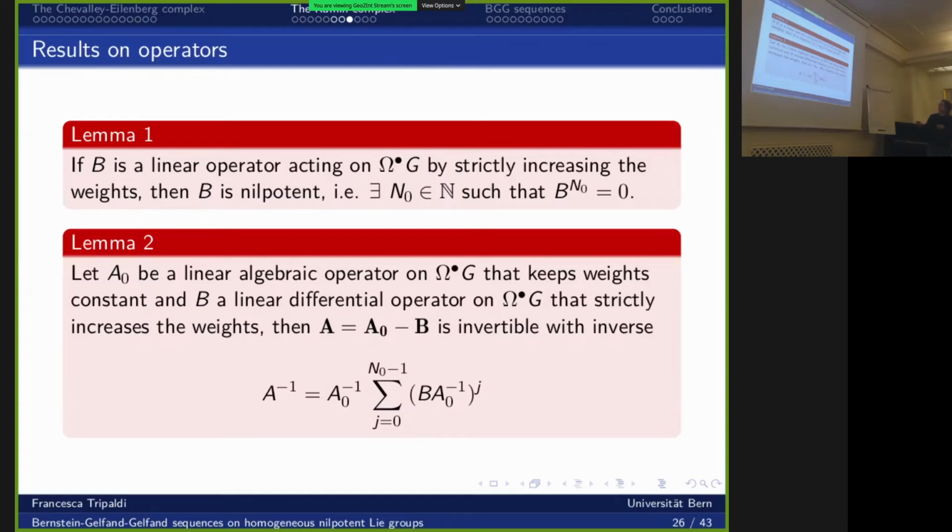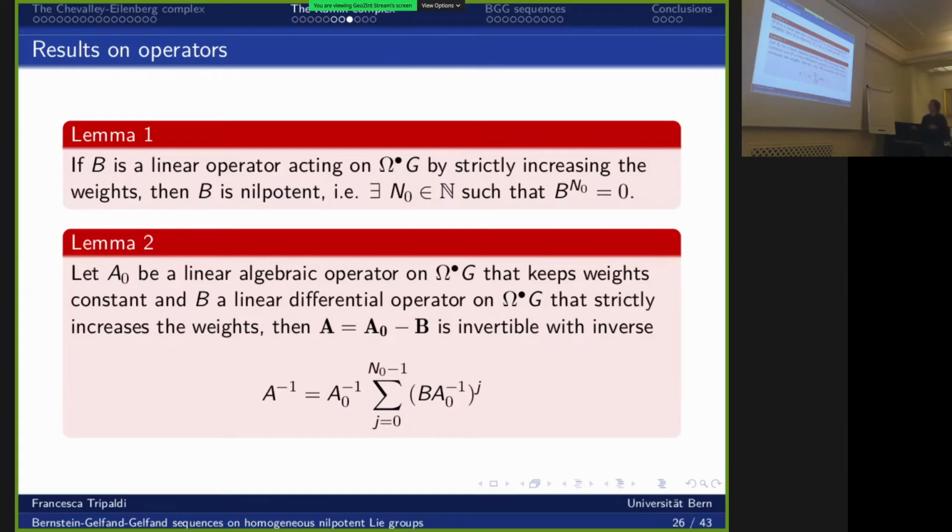And lemma 2 is: if you have an A0 that keeps the weight constant and B is the nilpotent one, so it increases the weights, then we introduce A, which is A0 minus B, and this is invertible, and its inverse is expressed through the Neumann series.